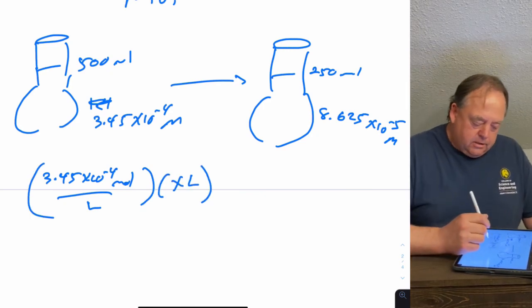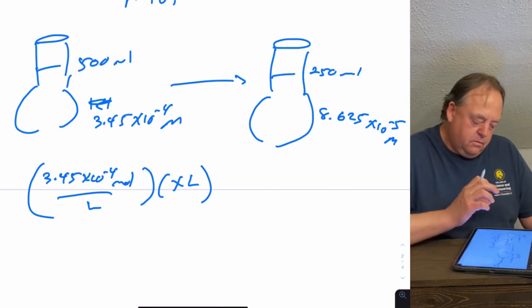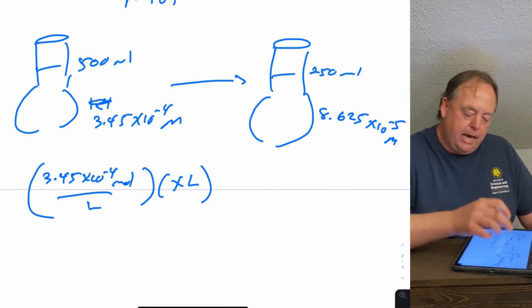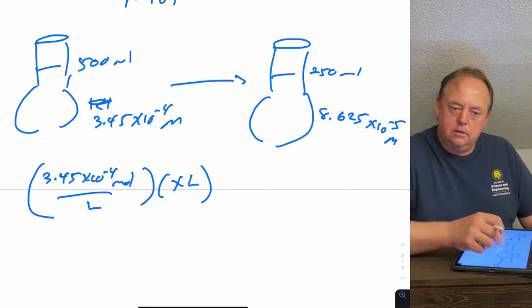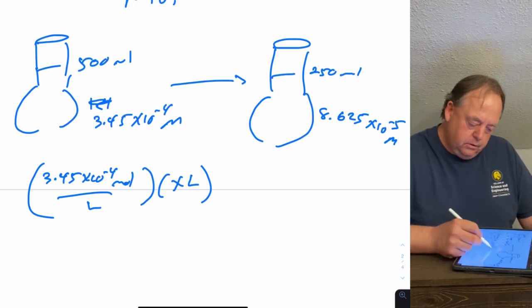Again, X liters would be how much of the concentrated solution you need to pipette out and put into the flask to prepare the more dilute solution.